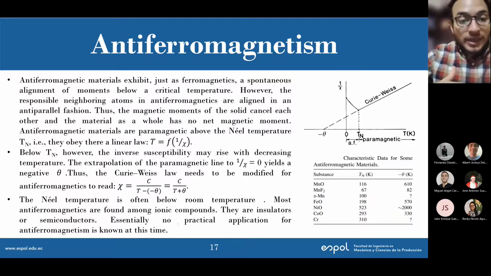And antiferromagnetics, if I go above the Néel temperature, the critical temperature, they start obeying a linear law that is inversely proportional to chi. What is chi? What was chi, guys?